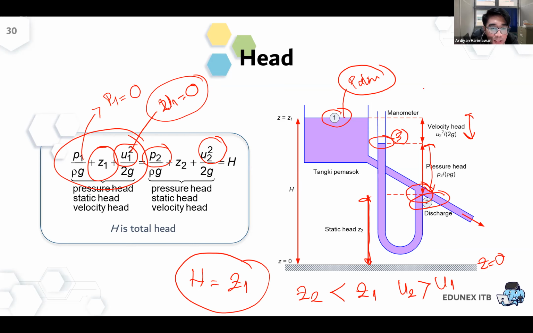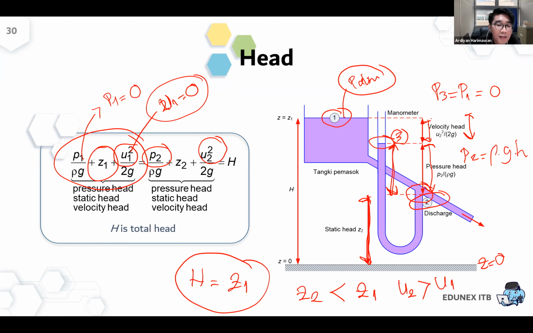So relative to the atmospheric pressure, the pressure at point 2 will be density times g times h, where h is the head difference. So this part is static head, this part is pressure head, and the remaining one is the velocity head.